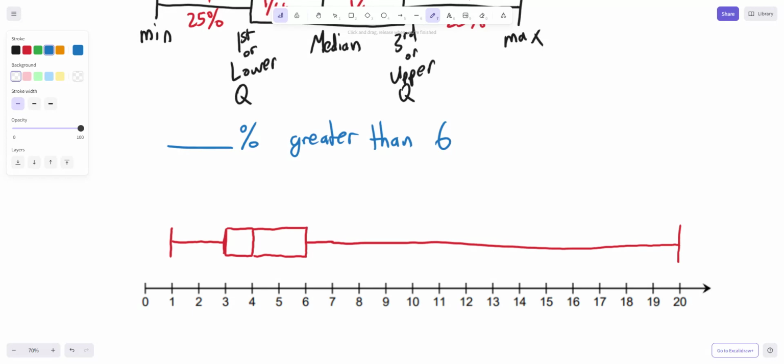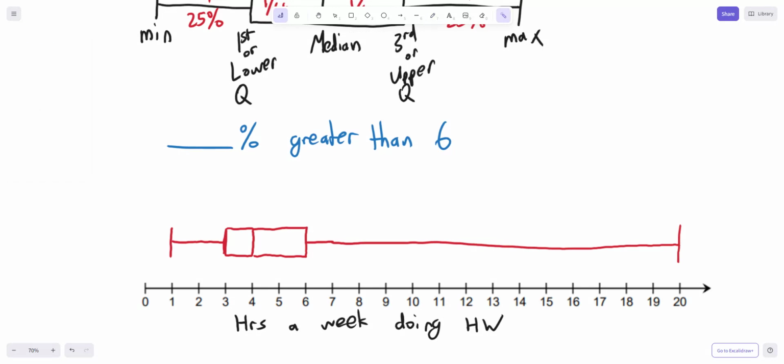This could be hours in a week doing homework or something. Let's do that. Hours a week doing homework. So what percent of the people surveyed were spending more than 6 hours a week doing homework, right?